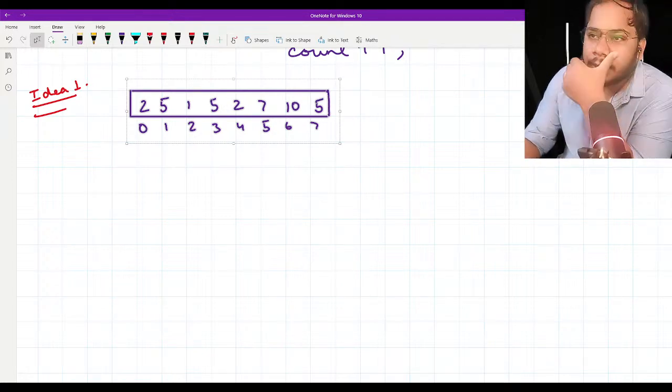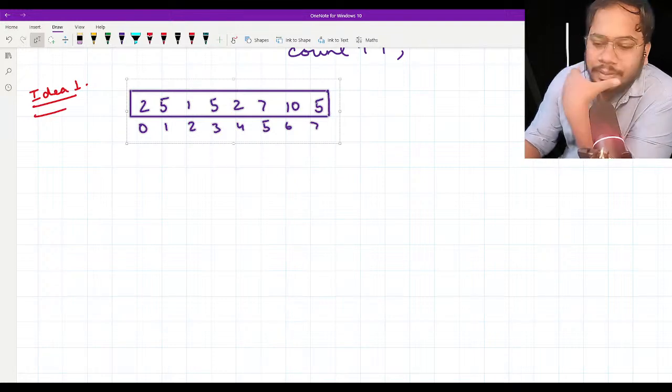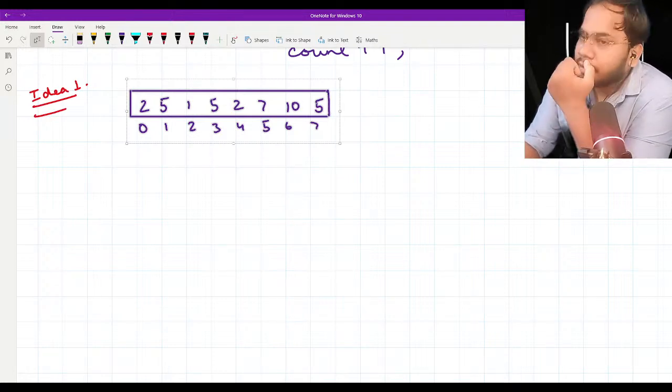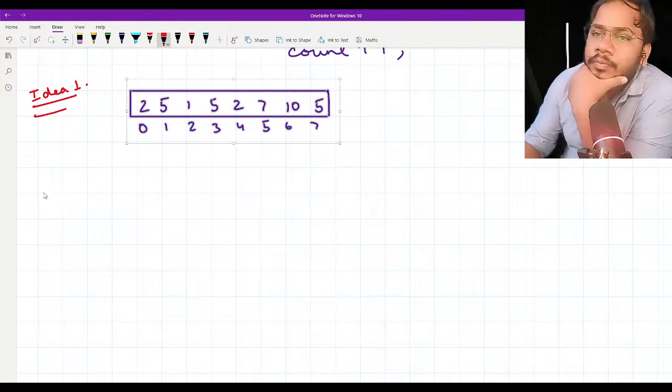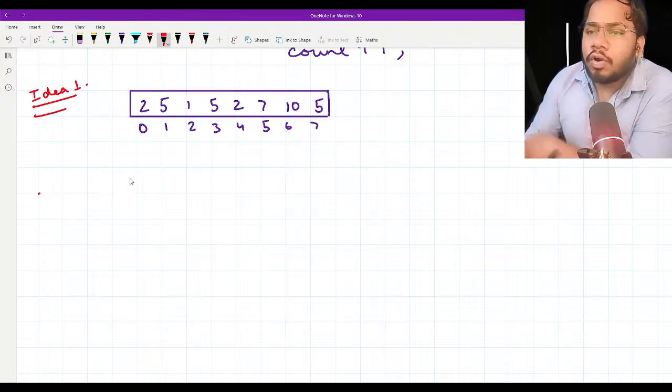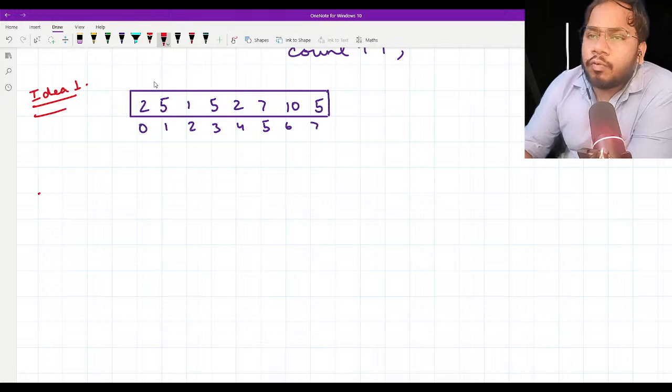So what we can do is start from, suppose, a of 5.